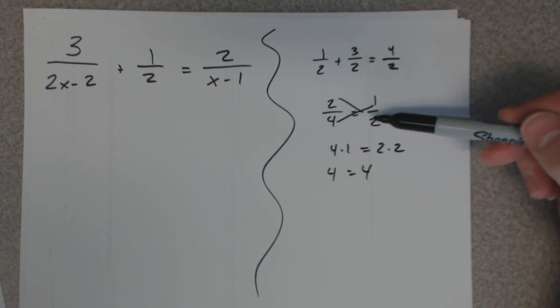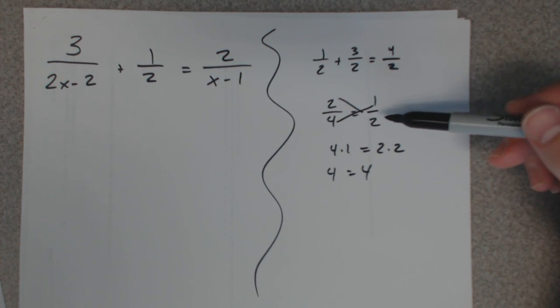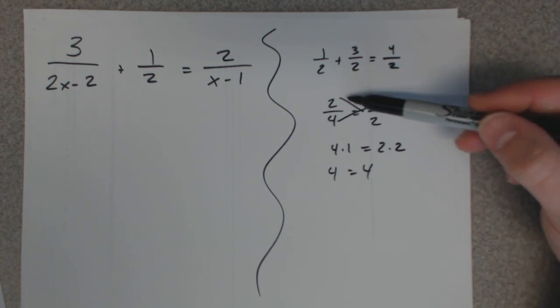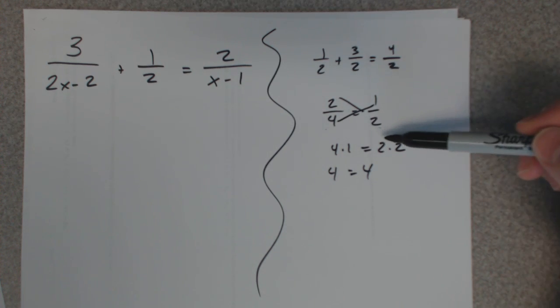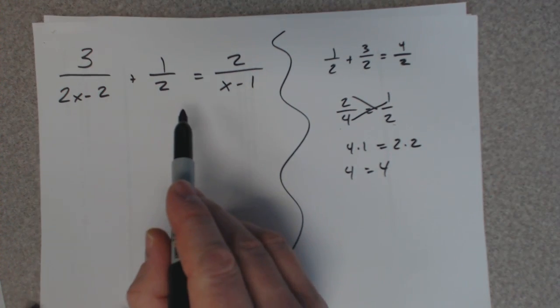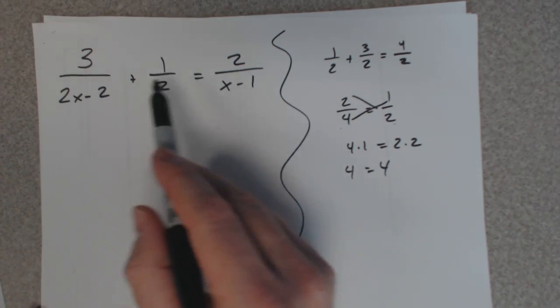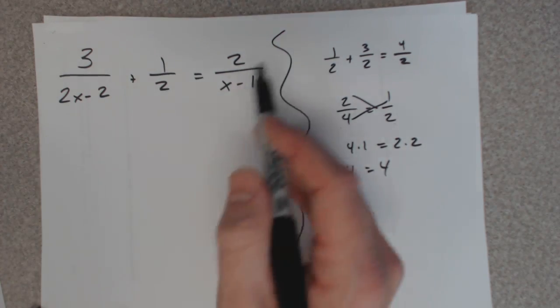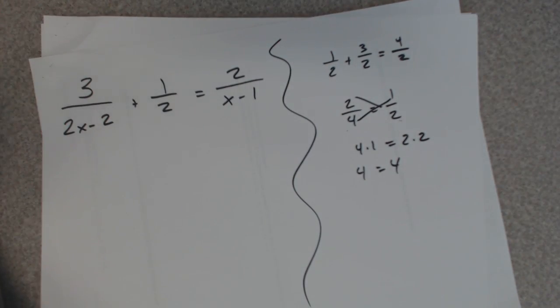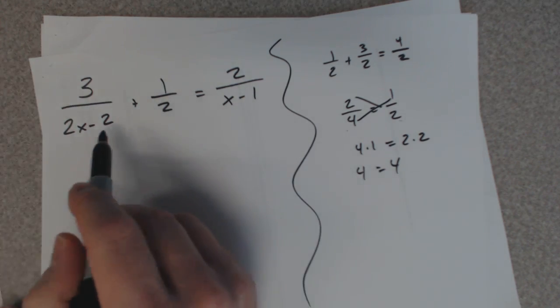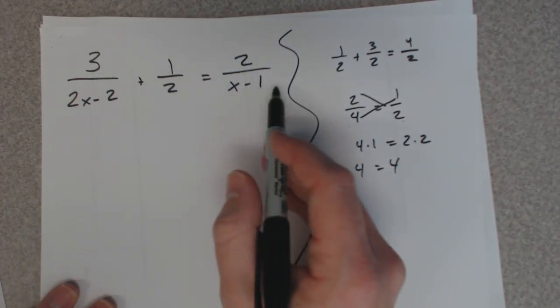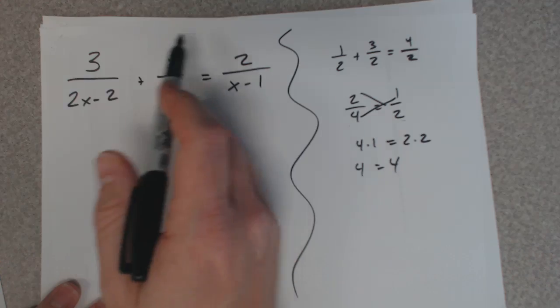That will work whenever you have a proportion. These are proportions, so their cross products will be set equal to each other. So if you can get one fraction on the left and one fraction on the right, you can do a cross product. Or if the bottoms are all the same, then you can just solve the top.